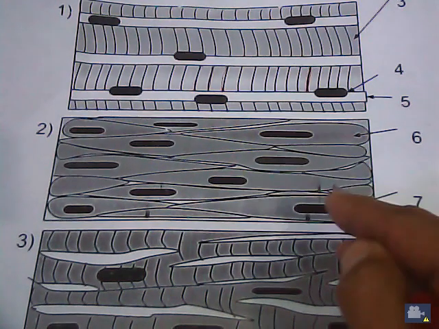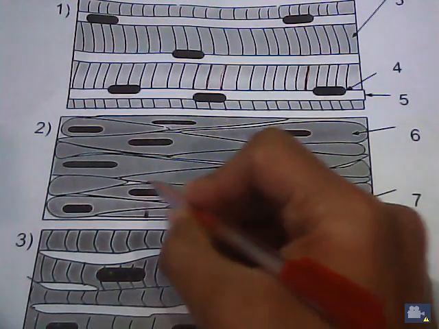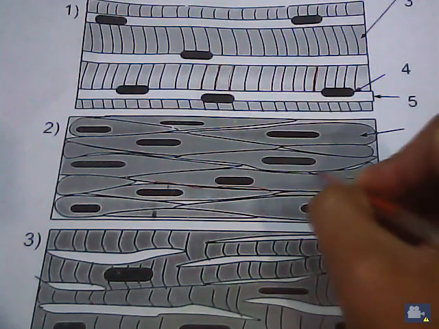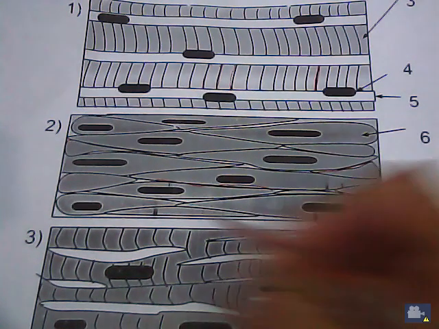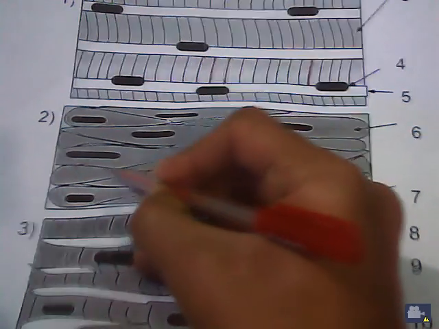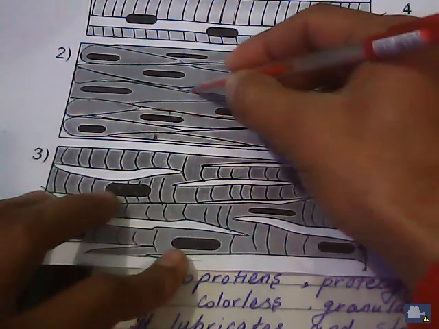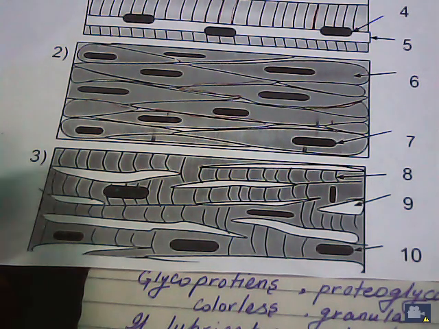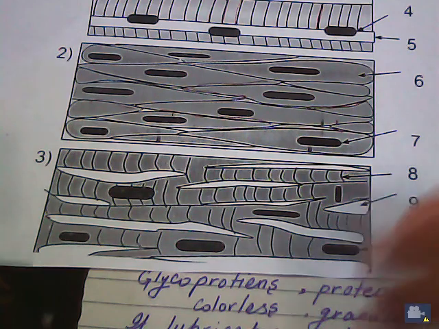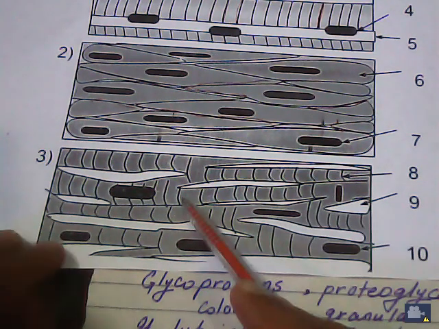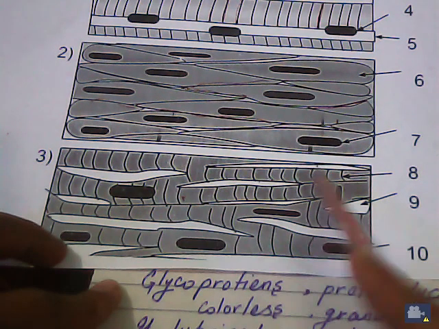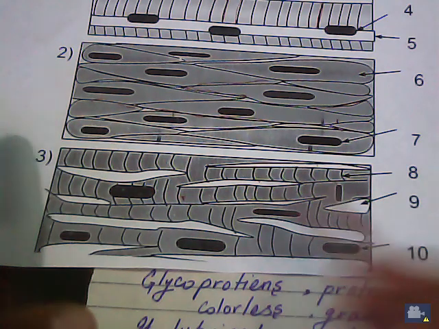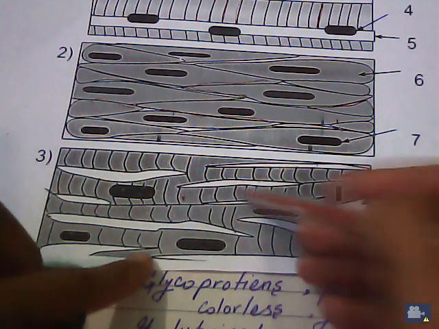These are smooth muscles, and where the cells are meeting, there are intercalated discs, where cells join and communicate with each other. Number three is our cardiac muscle. As I said, these are branched, so one cell is branched with other cells, like a tree. So there are intercalated discs here.